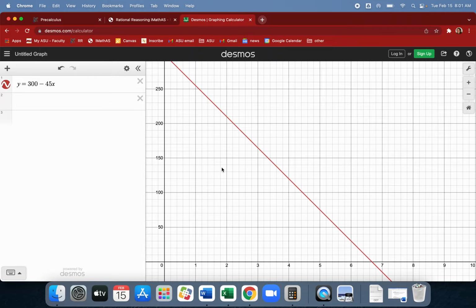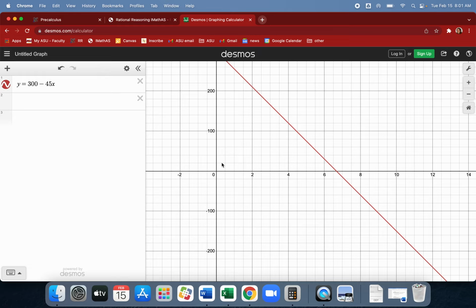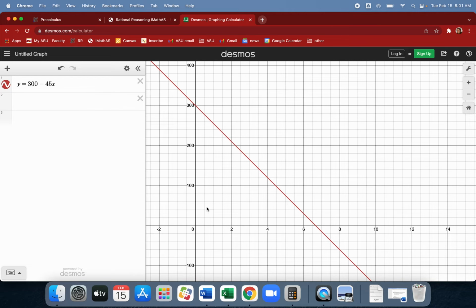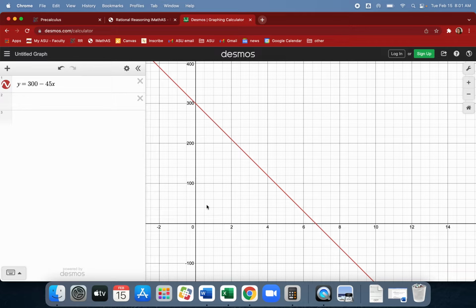And you can scroll in and out with your fingers too, but just to get this on there quickly. That's what's happening with device number 2. Starts at 300, goes down by $45 per year. 300 is dollars, 45 is dollars per year, so 45x would be a certain number of dollars.